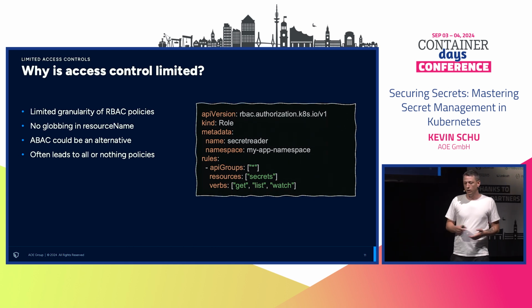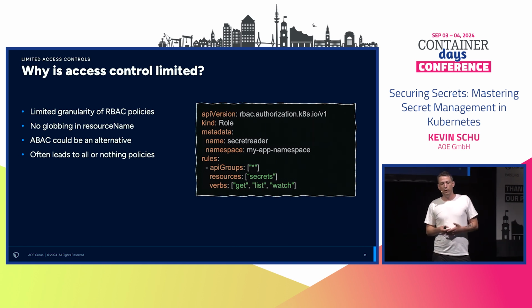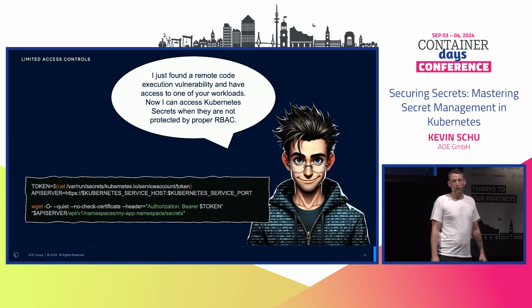So you can only define access control on a dedicated secret level or on a whole namespace level, and this often leads to an all-or-nothing policy. What that means, I will show you here.